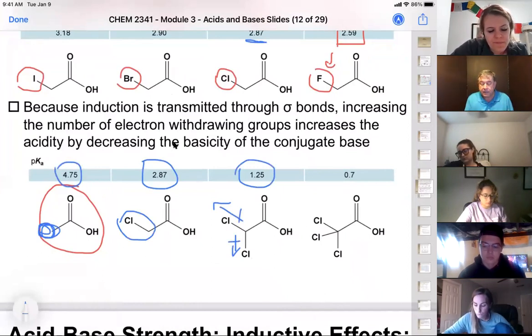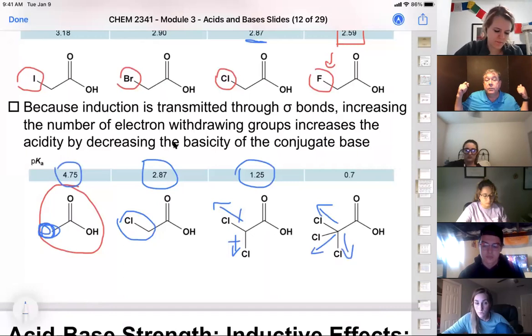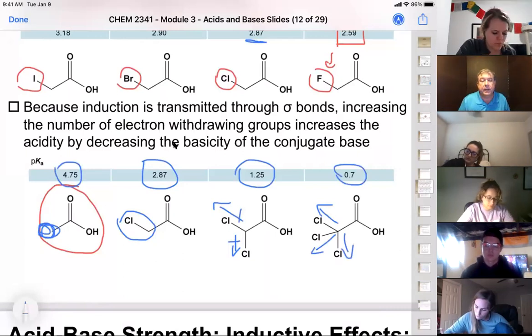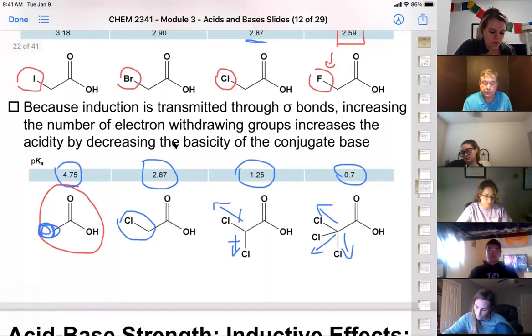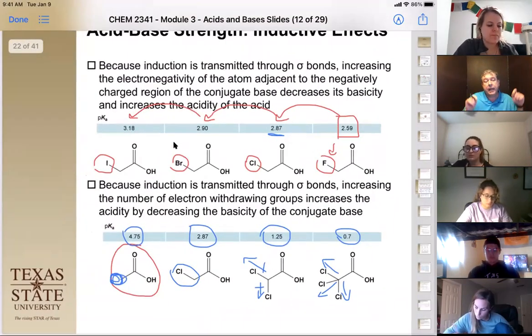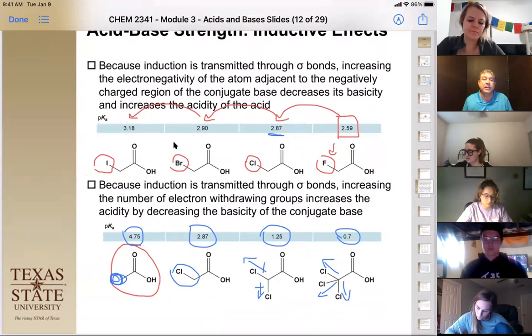And then by adding another group here, we now have 3 things pulling away. We are going to drop the pKa and increase the acidity even more. Notice this is almost 0. That is like the strongest organic acids we can have, carboxylic acids with electron withdrawing groups next to them. Okay, so do we see why the acids get stronger through this inductive effect?